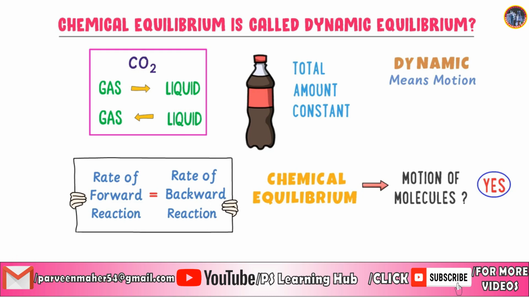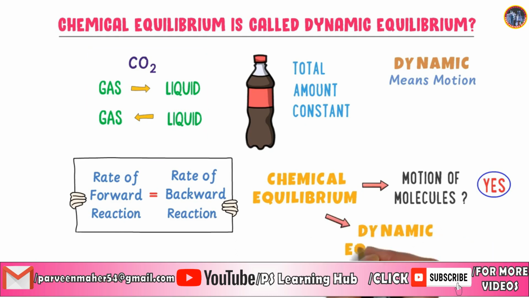So this motion of carbon dioxide gas is happening at equilibrium. Hence, we also call it dynamic equilibrium. Thus, every chemical equilibrium is also called dynamic equilibrium. Let me repeat it. Every chemical equilibrium is also called dynamic equilibrium.